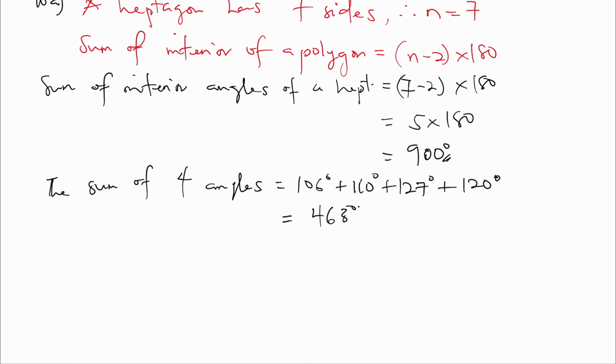A heptagon has 7 angles, and the sum of the 4 angles is 463. So the sum of the 3 angles will be equal to the sum of all the angles, which is 900, minus the sum of the 4 angles, which is 463. And that will be equal to 437 degrees.